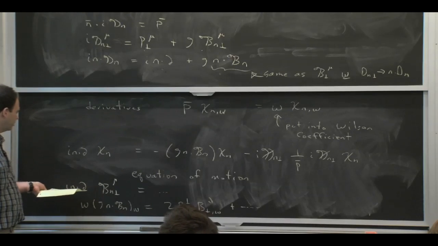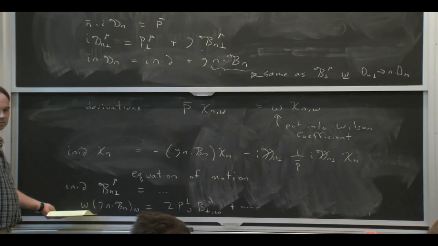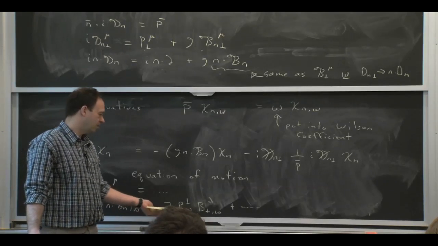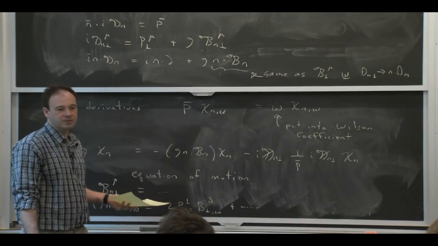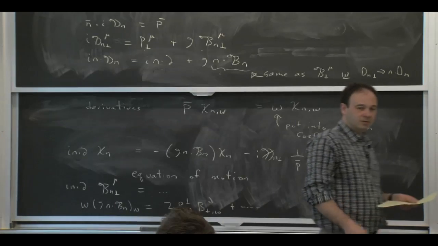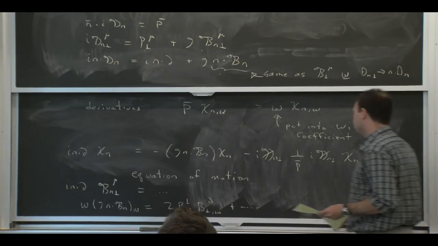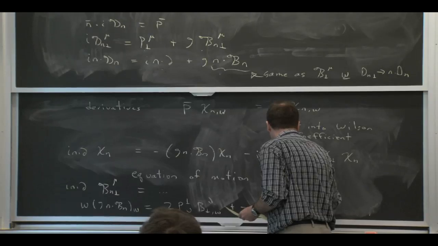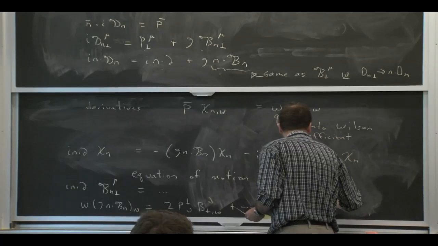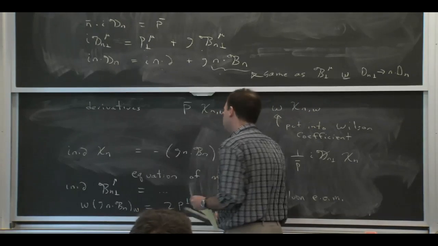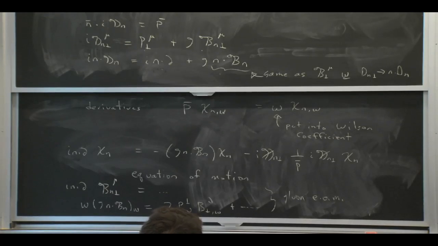So the gluon equations of motion allows me to get rid of both of these things. And then basically after I've done that, I just have the objects that I've told you we can use. So after using equations of motion, we can get down to those objects.